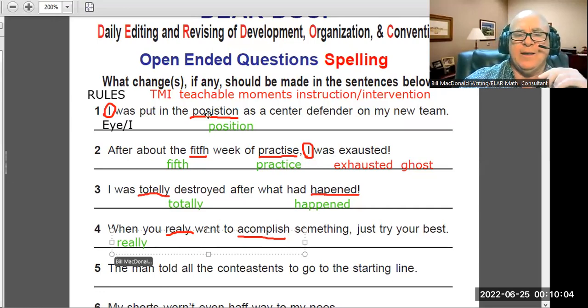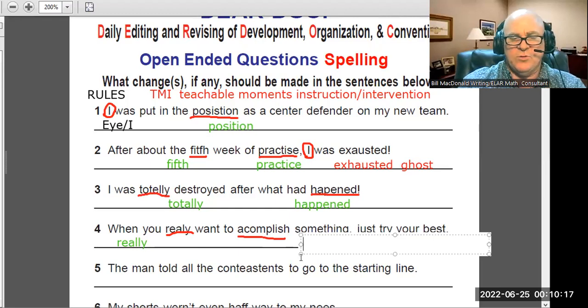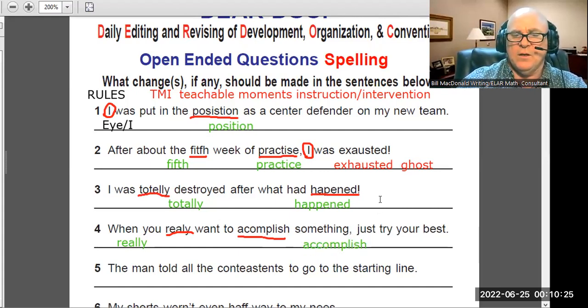So let's go ahead and take a look at our other one, accomplish. And I know that accomplish has two C's because I've seen that before. Accomplish, double C, let me see. And when you look at it, oh, that's too low.